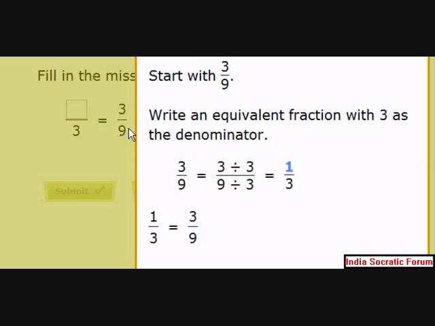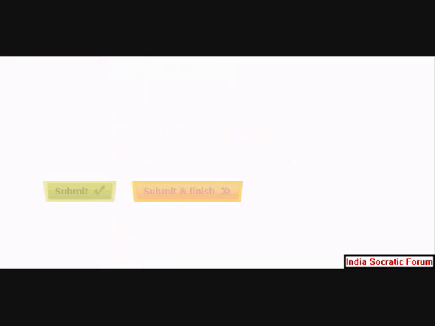Start with 3 by 9. Write an equivalent fraction with 3 as denominator. So what we do? 9 divided by what is 3? 9 divided by 3 is 3. Divide the numerator also by the same number. So 1. 1 by 3 equals 3 by 9.